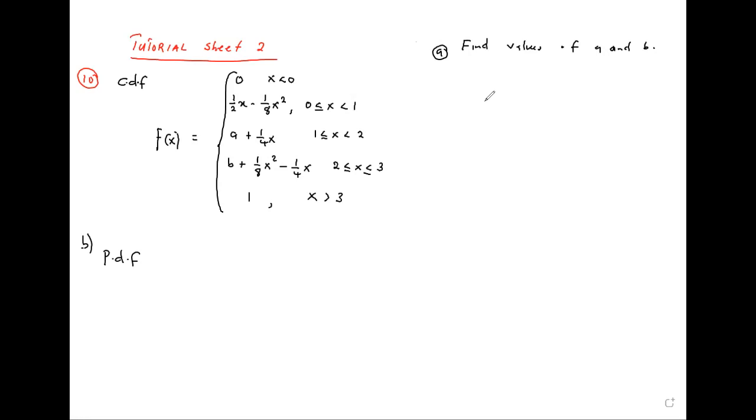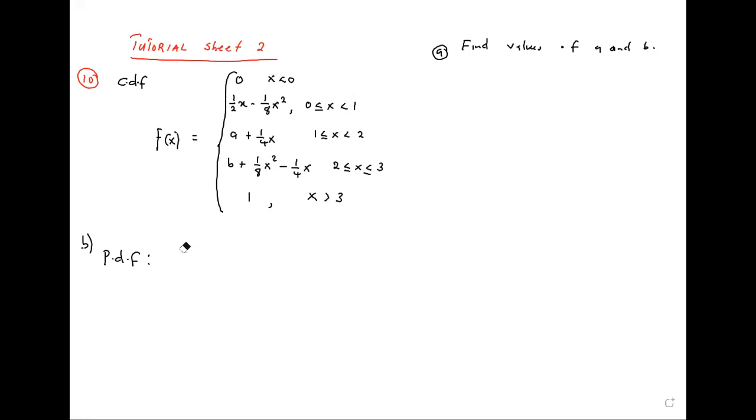So to get a PDF, you integrate from 0 up to x, 1/2 t minus 1/8. No, you don't integrate. Remember, when getting the CDF, we're integrating. Now, when getting the PDF, we differentiate.